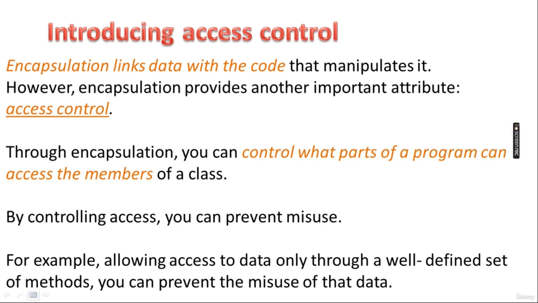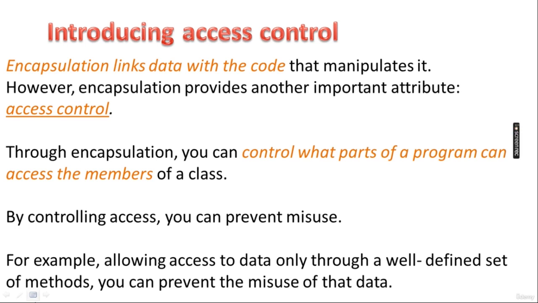using an object. And now one more thing we have to introduce, that is access control. You can control what parts of a program can access the members of your class. By controlling access, you can prevent misuse. Whatever data you are declaring in your class should not be accessible outside of the class, right?